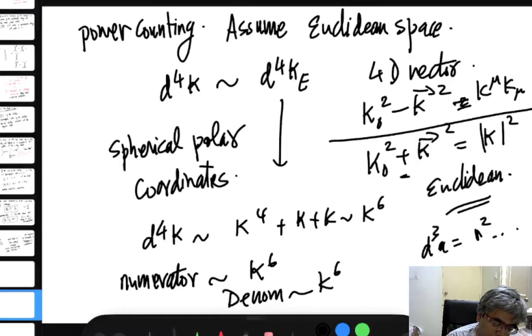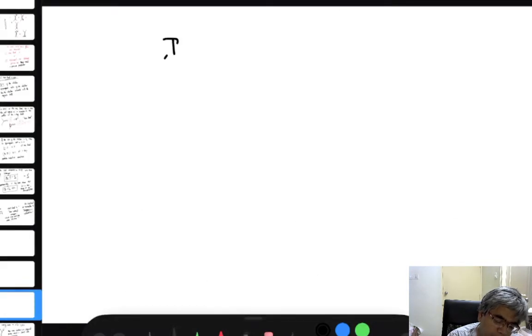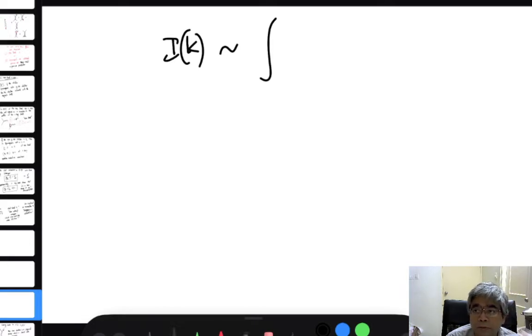This total integral I of k roughly goes as k power 6 by k power 6, that is k power 0. So this is divergent, which goes as log k.